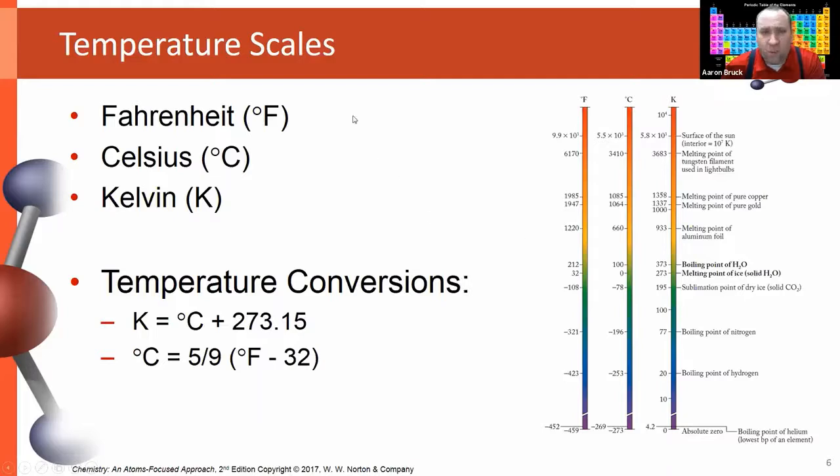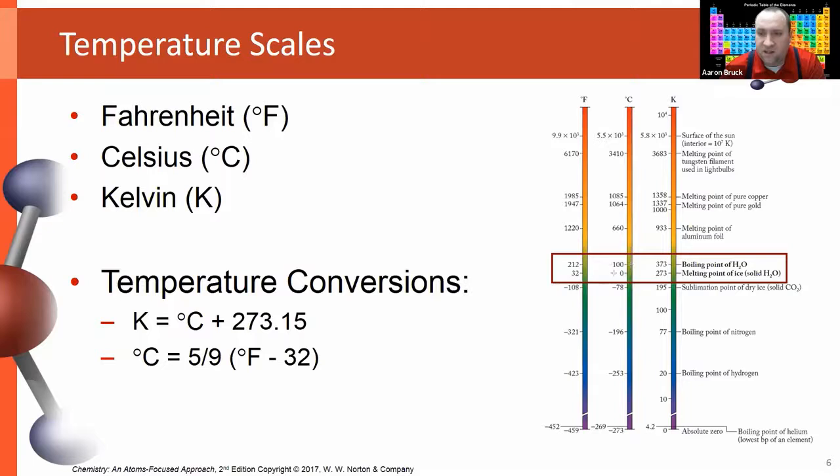But what I really want to point out to you is look closely at Celsius versus Fahrenheit. I'm going to point out those defined points there. You can see that for the boiling point of water and the melting point or freezing point of water, on the Kelvin scale, they are 100 degrees apart.